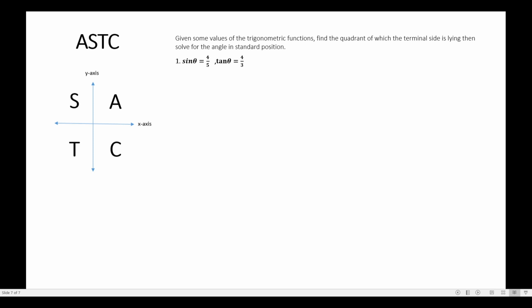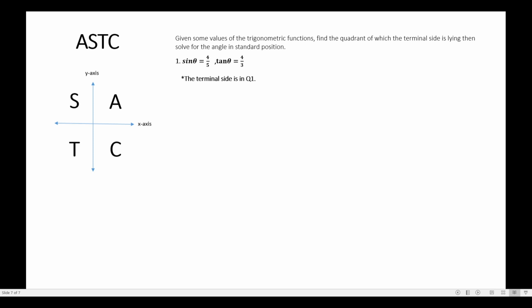We can set aside the reciprocal functions this time, since our goal is only to find the angle in standard position, and we do not care about the secant, the cosecant, and the cotangent. Our goal first is to find the position of the terminal side, and in this case the terminal side is in quadrant 1.